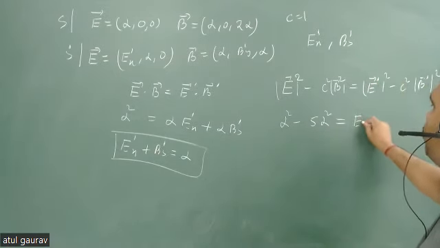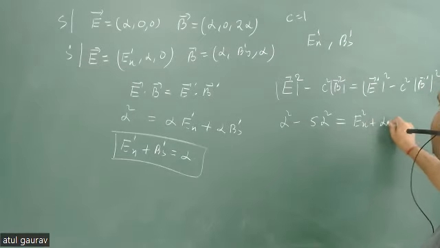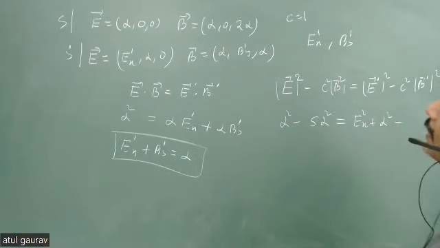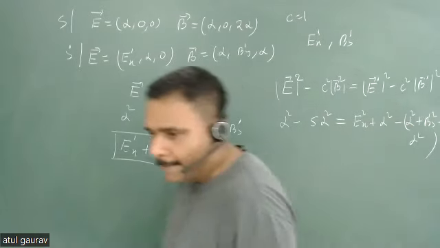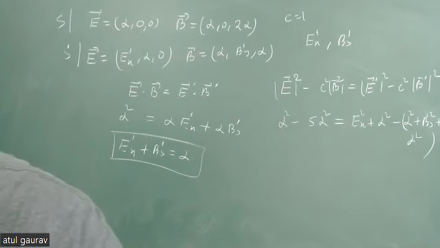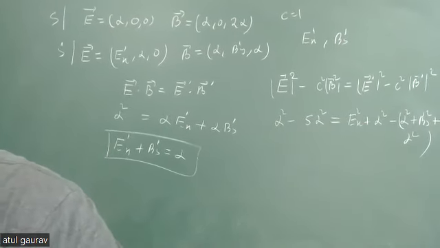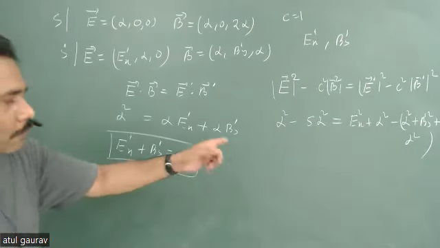So that value is equal to Ex dash square plus alpha square minus, this is your alpha square plus By dash square plus alpha square. Is it visible, or has something got cancelled? Okay, fine. Okay, so what is this equation?